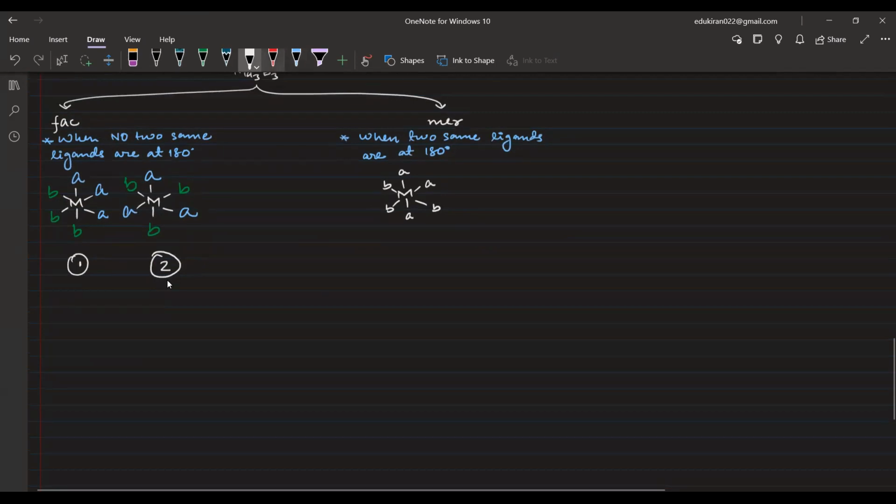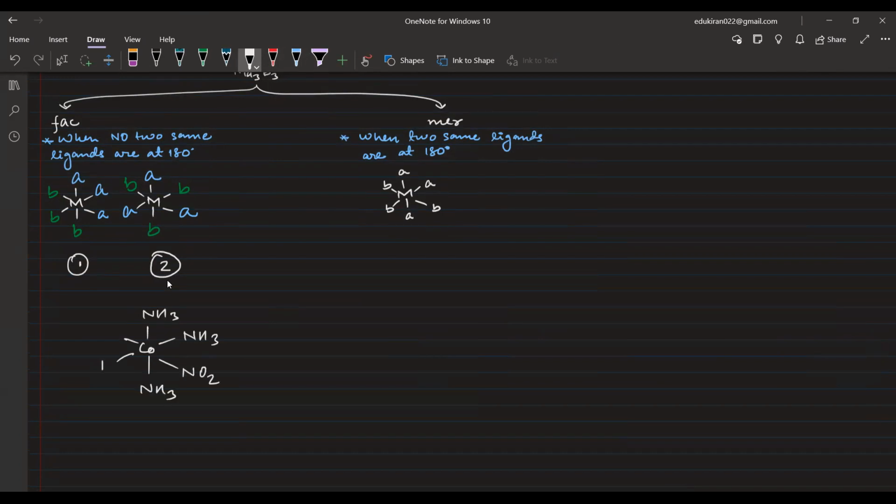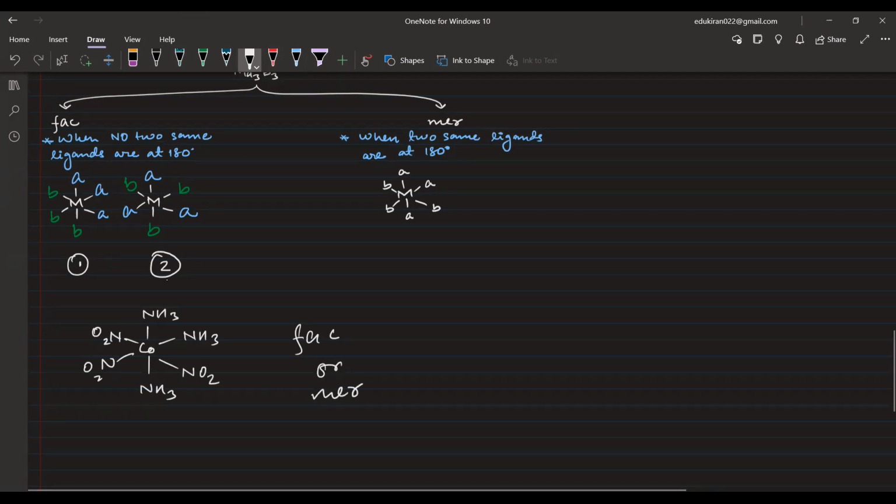Now tell me this isomer, this cobalt. Tell me, is it a FAC isomer or mer isomer? Right. Send the answers in chat.